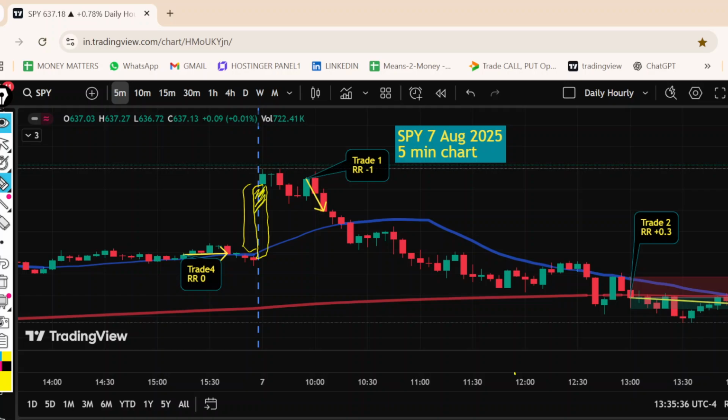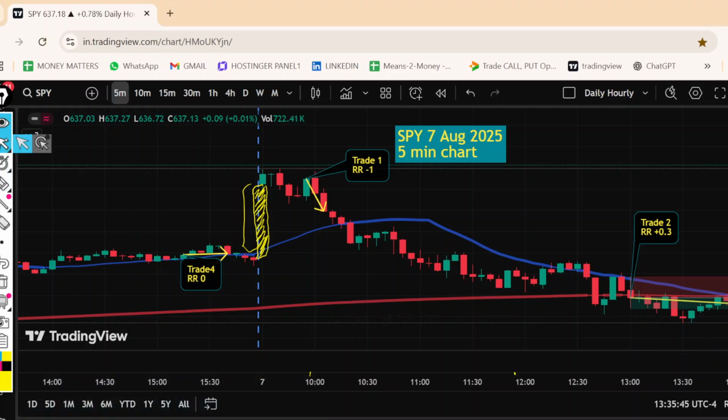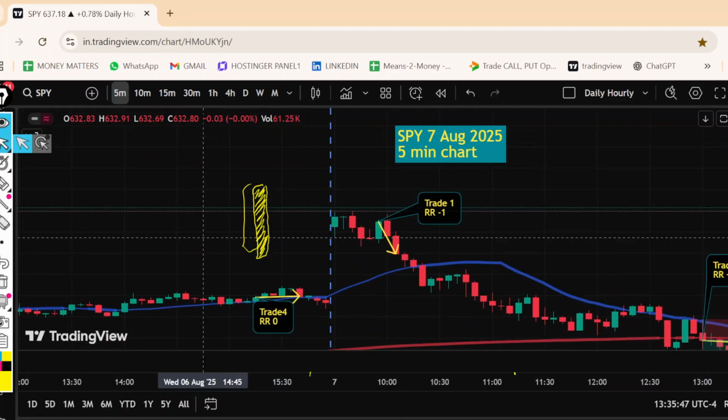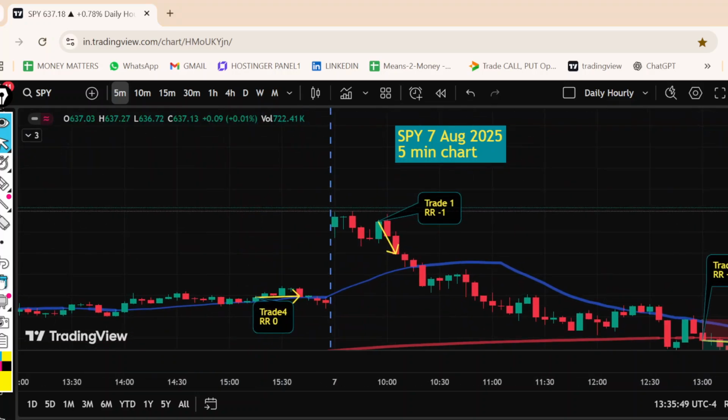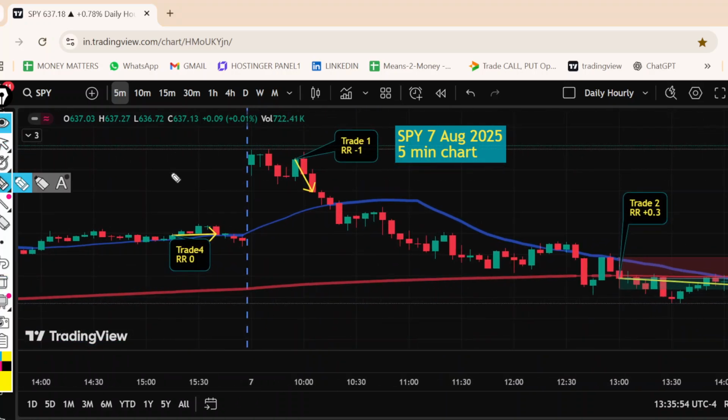So this candle, technically, is a very big bullish candle, starting from here till here. It's a bullish color because the market has gone up. It is a green color candle.